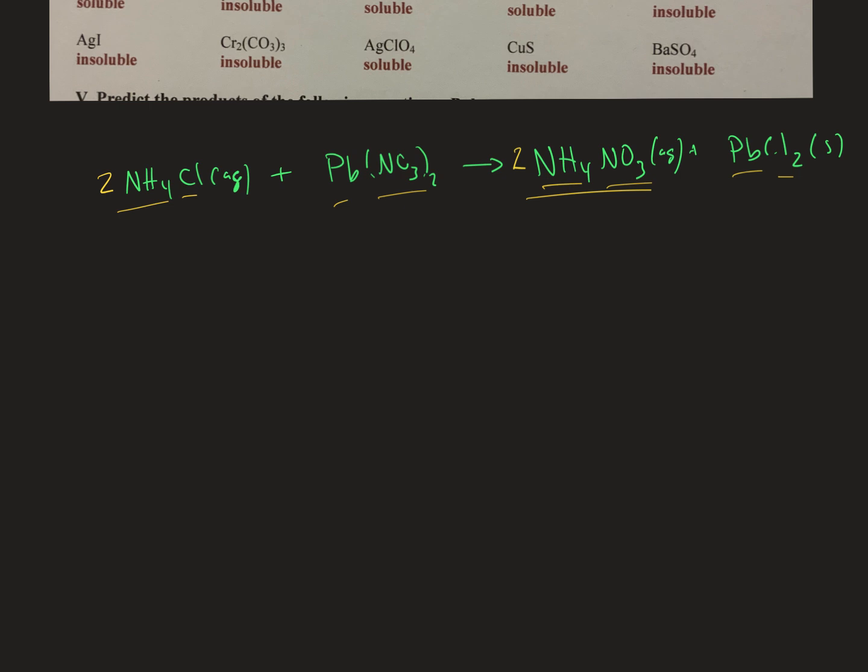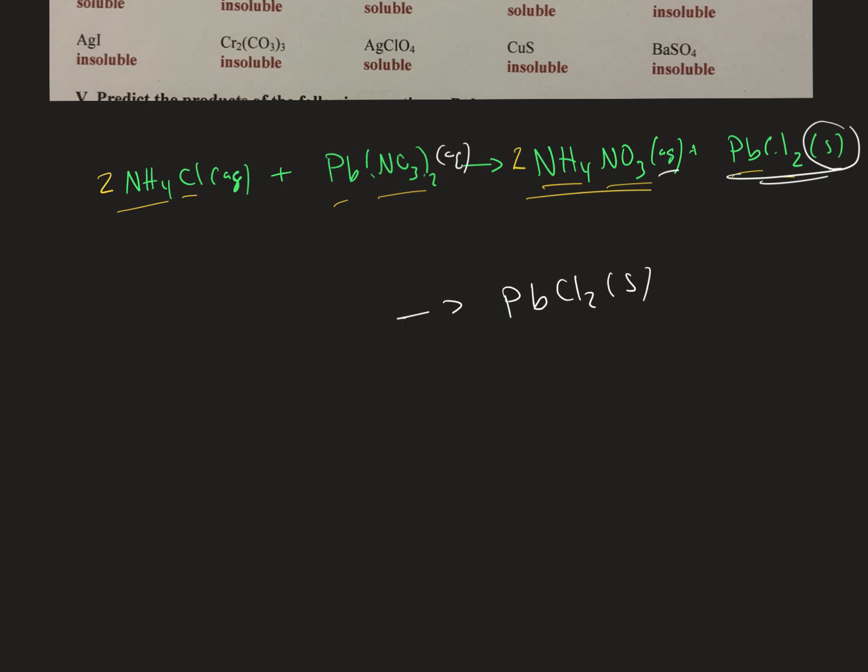Now what? Now the last one. Net ionic equation. What's the product that will form here? Lead 2 chloride, the only solid, right? These guys are all aqueous. So PbCl2 as a solid.